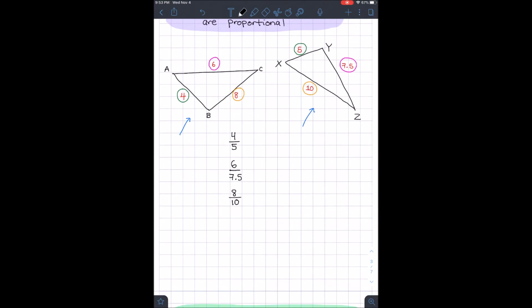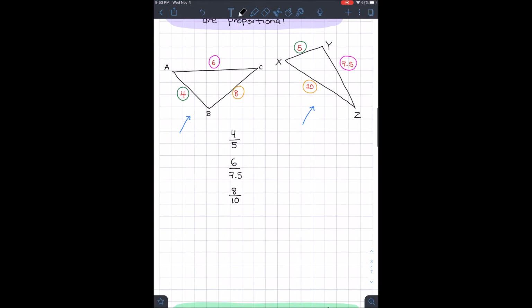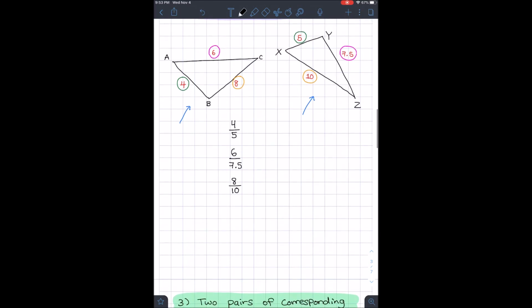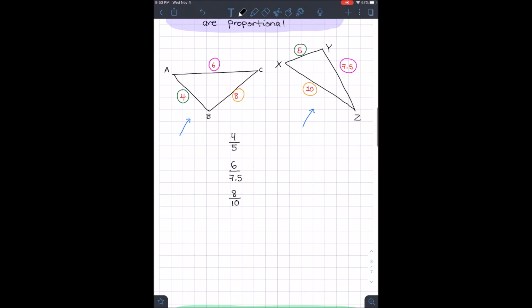Now, the next thing we want to do is simplify all of these fractions so that we can easily tell if they are actually the same. Can 4 over 5 be simplified any further? No, right? Okay. Can 6 over 7.5 be simplified any further?